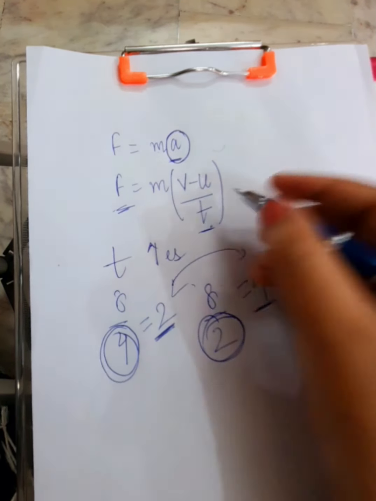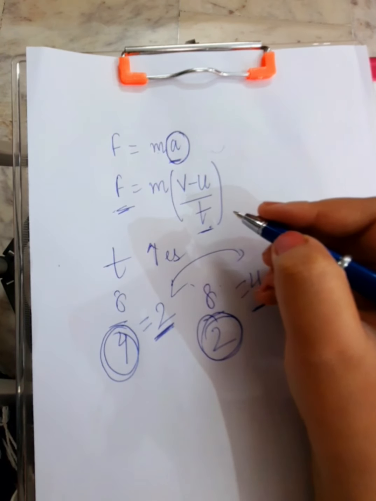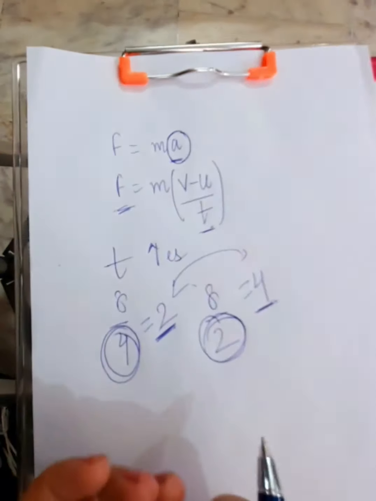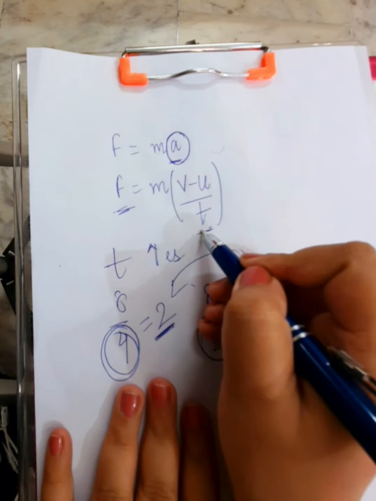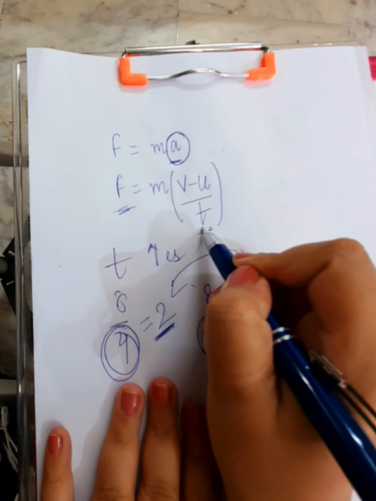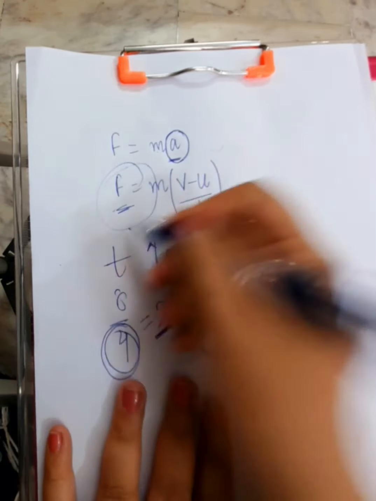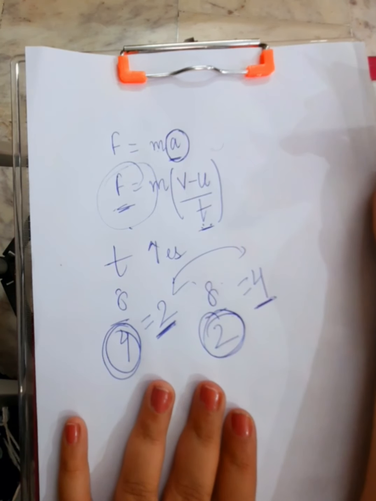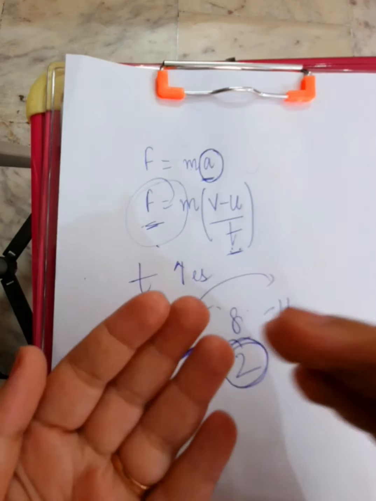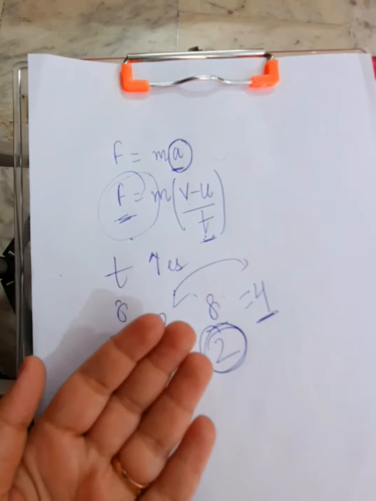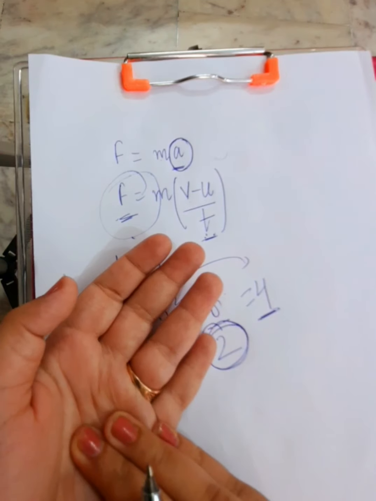So here, when the cricket player is actually lowering his hands, he is increasing the time t. And when he is increasing the time t, the denominator is increasing and force eventually decreases. Do you know what he has done? He has reduced that force with which the ball is going to strike his hands.